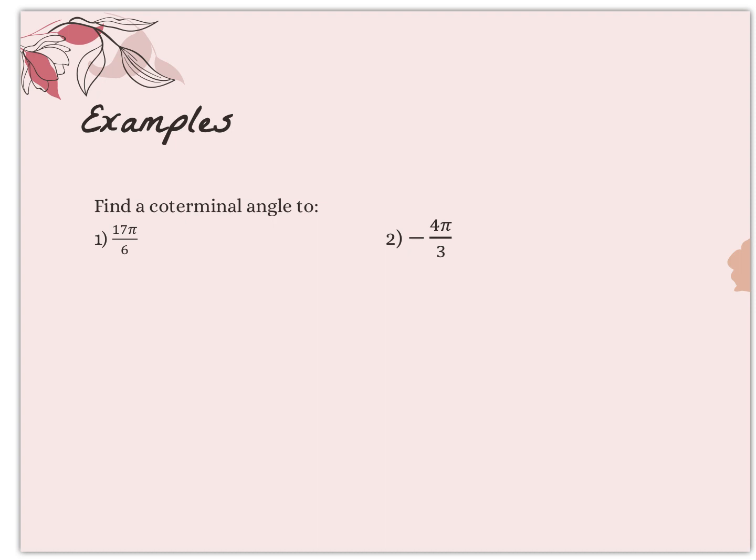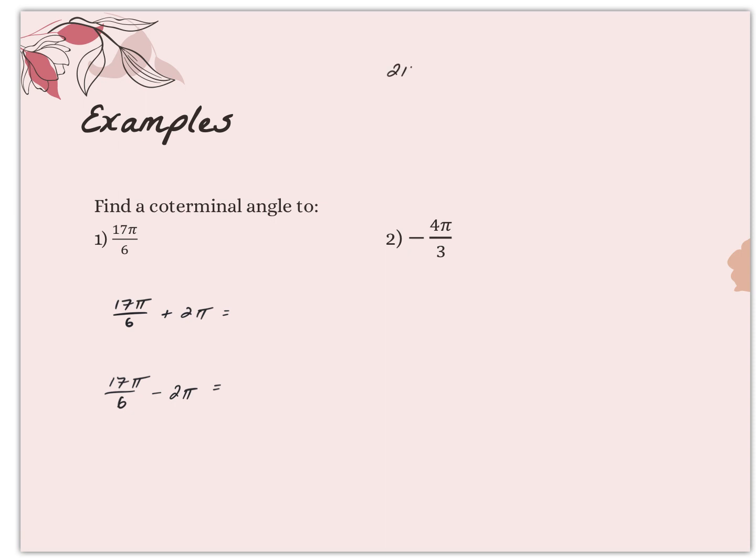I'm either going to take 17 pi over 6 and add 2 pi to it, or subtract 2 pi, and I'm going to get another coterminal angle. We always like our coterminal angles best to be within 1 revolution, so that's between 0 and 2 pi. Right now this is more than 1 revolution, but let's just do the math and I'll show you which one we would prefer.